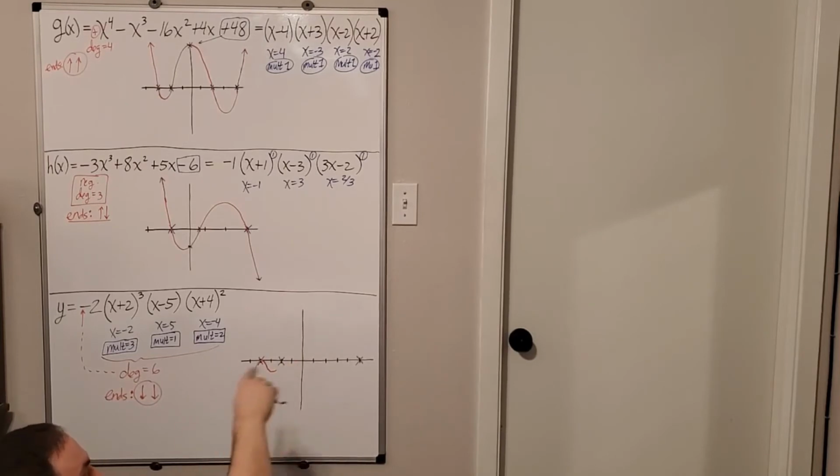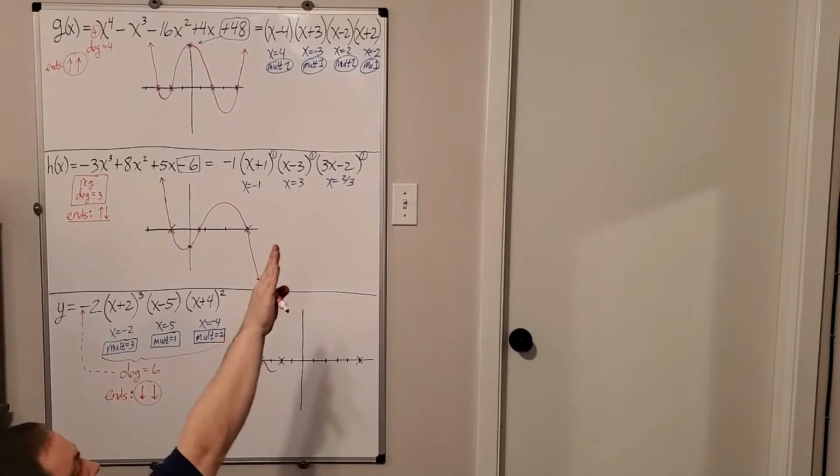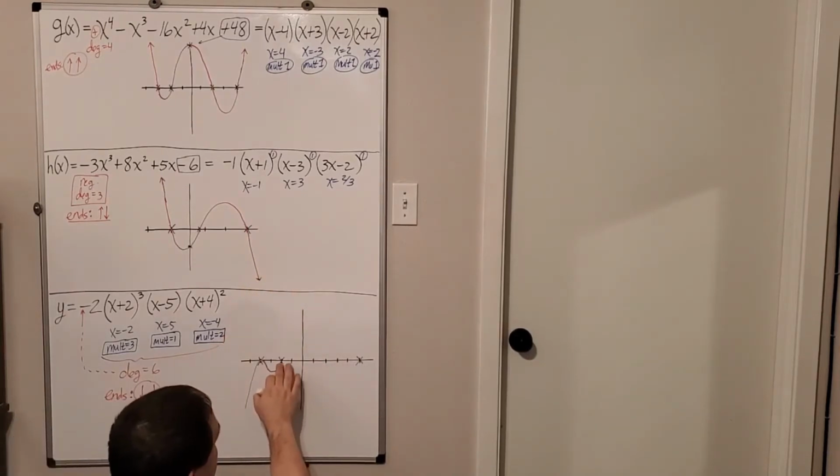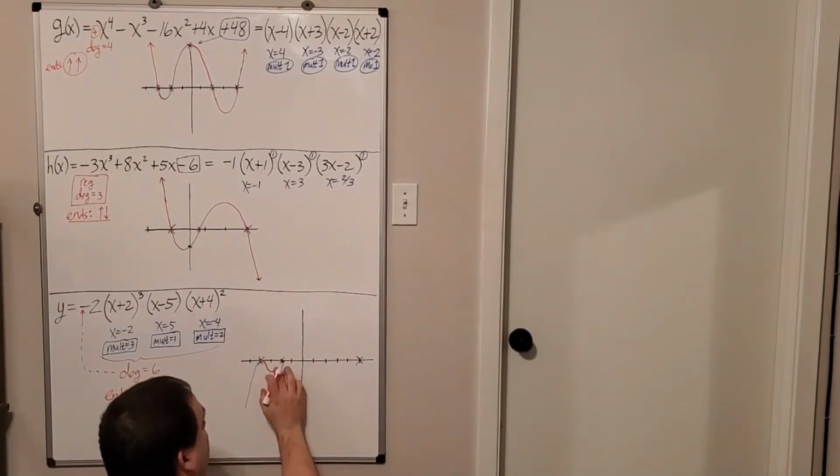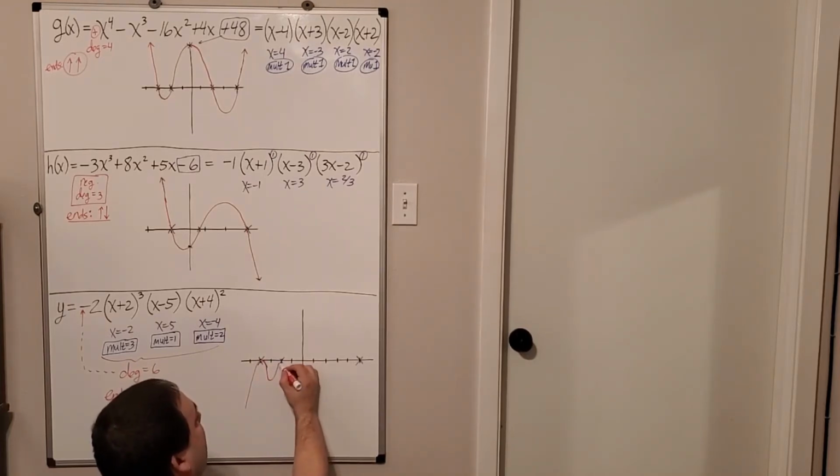It goes from down to up, like an x to the 3. It flattens out in the middle and then continues going up. So that's what I'm going to do right here at this intercept. I'm going to go down, and when I come up, I'm going to flatten out right here, and then I'm going to pick back up again, right?